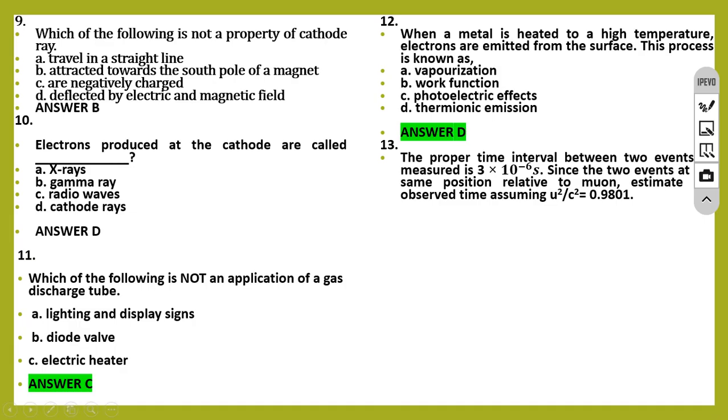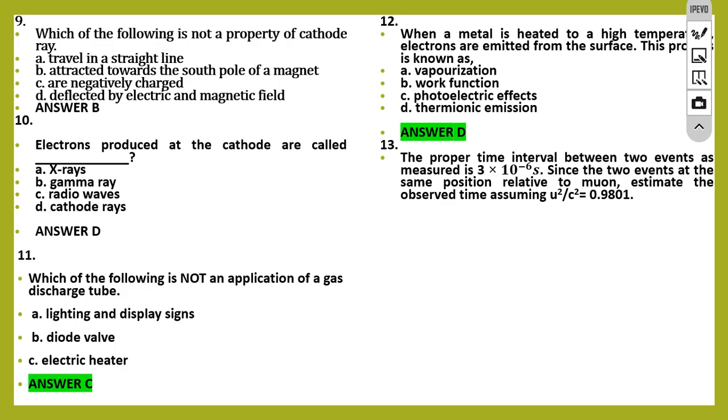Example 13. The proper time interval between two events as measured is 3 times 10 to the power minus 6 seconds. Since the two events are at the same position relative to μ1, estimate the observed time, assuming the ratio of the square of the velocity of the particle to that of the speed of light is 0.9801.